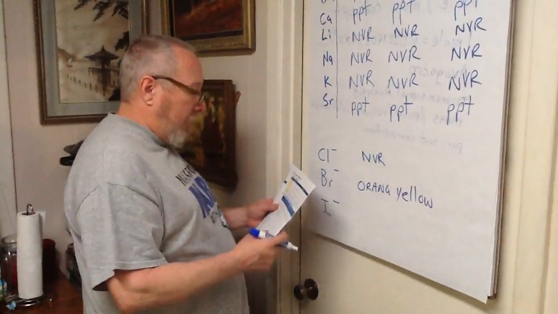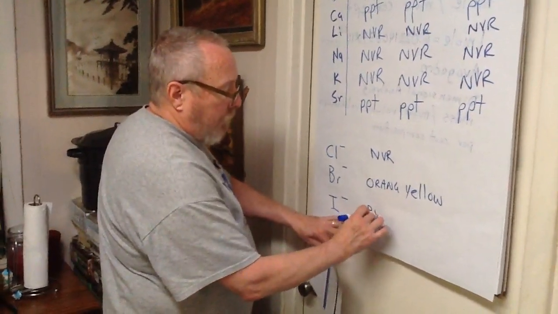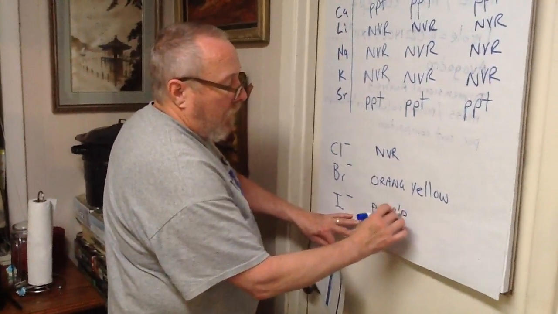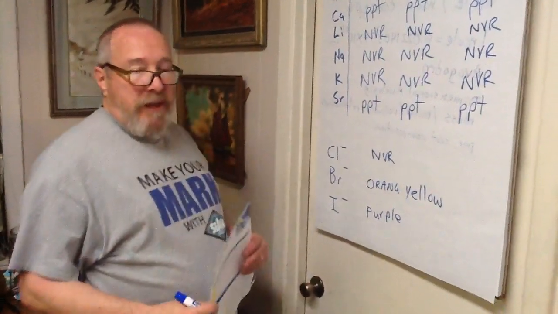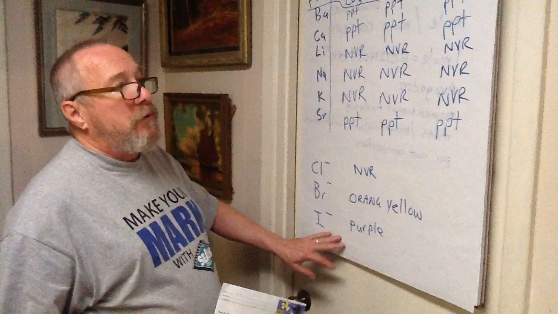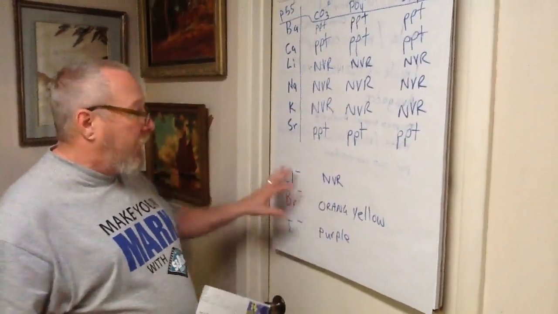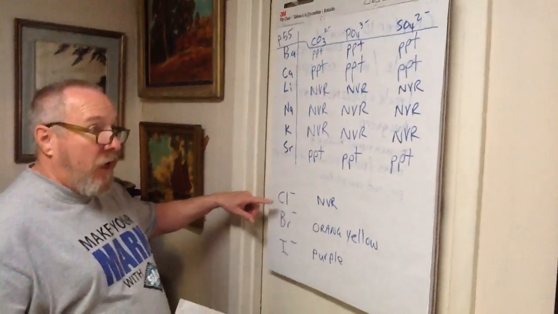And when we reacted the iodine, we got a very strong purple color, extracted into the hexane layer. Actually, it was pretty much everywhere because I made up a very concentrated solution. And so we got very distinctive reactions with our different halogen ions.